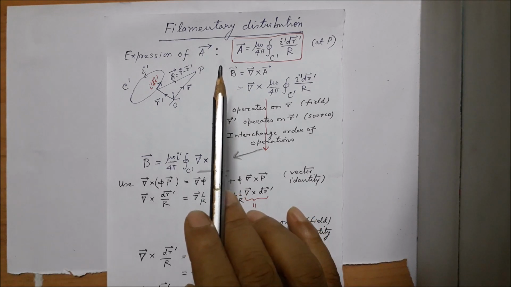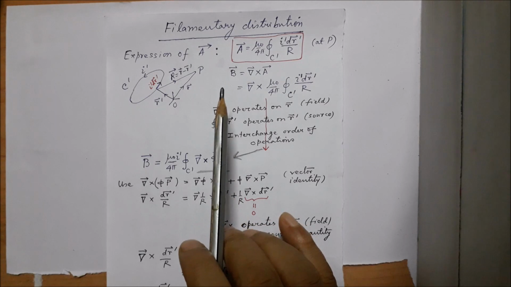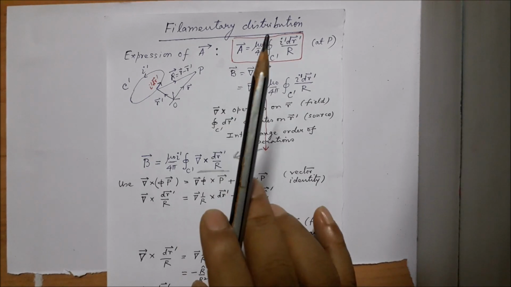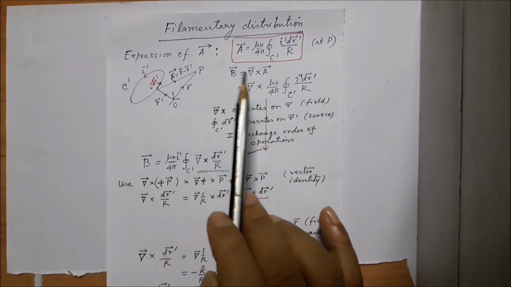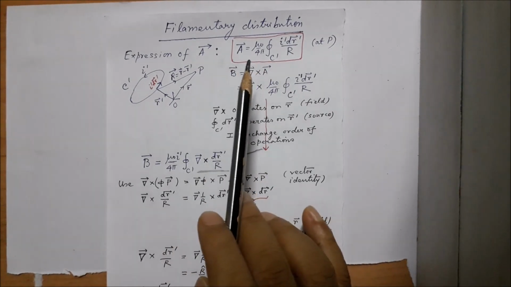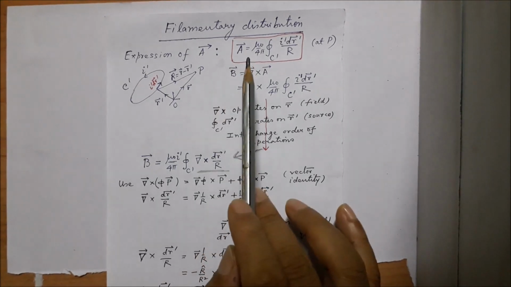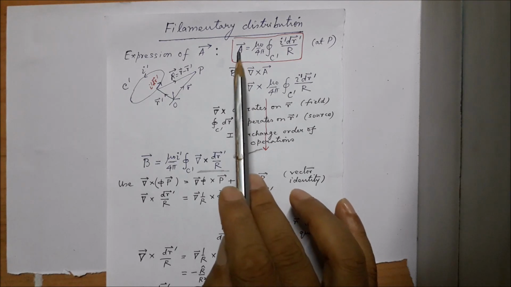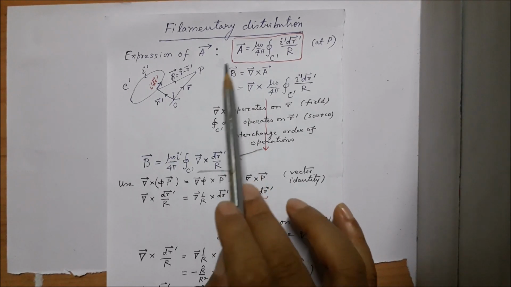We too should develop the mentality to go on verifying what we are doing time and again and from different angles and perspectives. That makes our understanding clearer. So, we will assume vector A now and find the expression of magnetic induction.